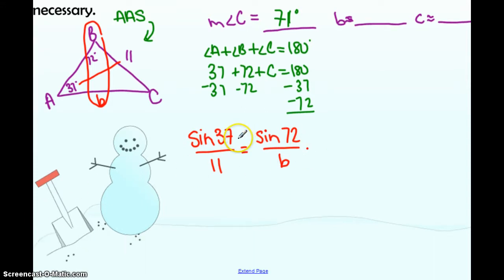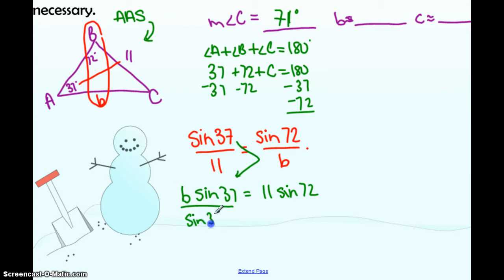So let's take the cross multiplication of these. So b times the sine of 37 equals 11 sine of 72, and divide by the sine of 37. So b equals 11 times the sine of 72 divided by the sine of 37.